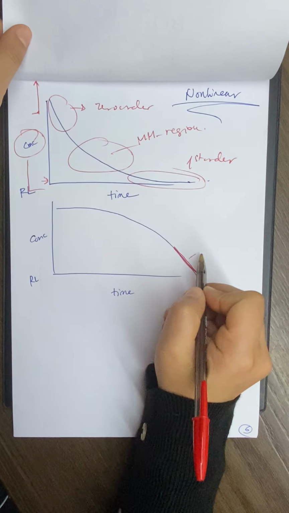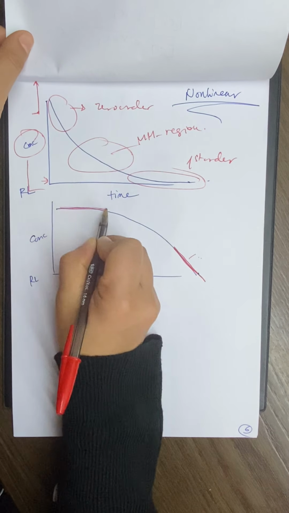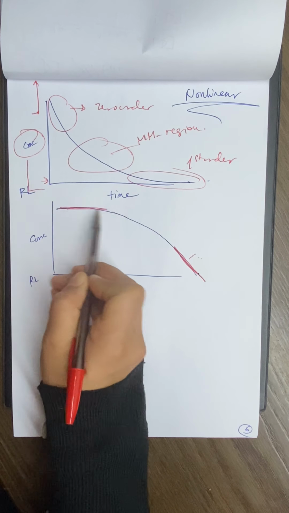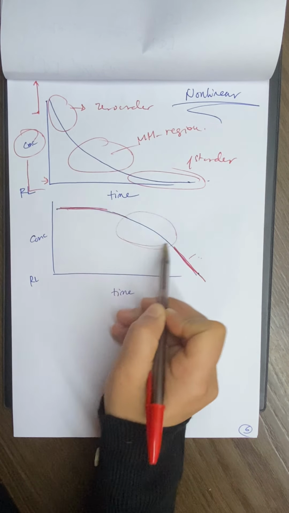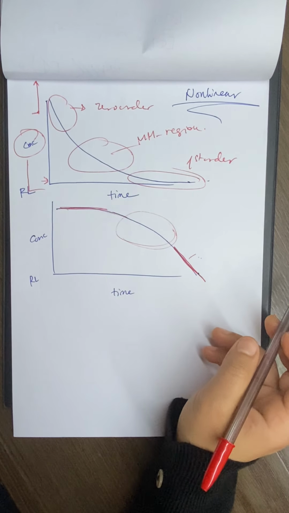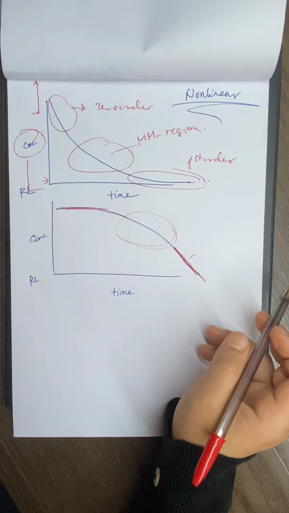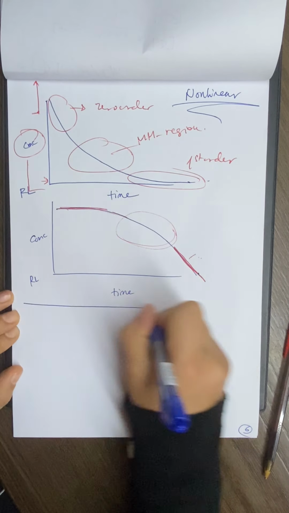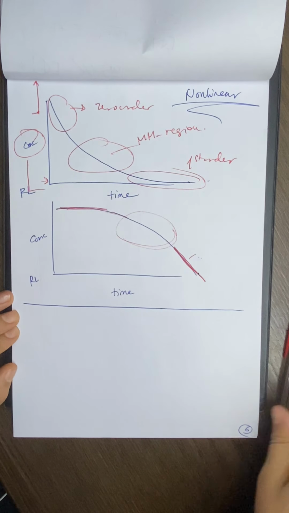At higher concentration we will have zero order, and in the middle we will have mixed or Michaelis-Menten.